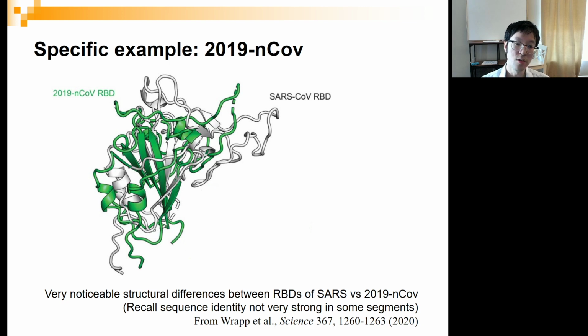In particular, one region to point out is on the right hand side, a loop region that seems to differ substantially between the two spike proteins. That gives us some intuition behind why there are enough structural differences that existing ways of targeting the SARS RBD do not work for the novel coronavirus RBD.